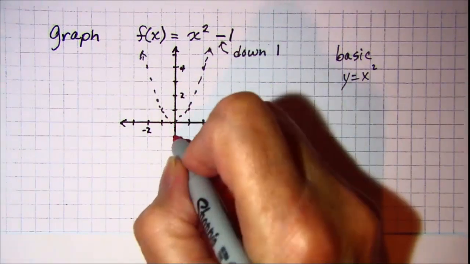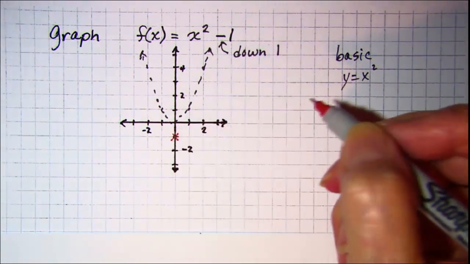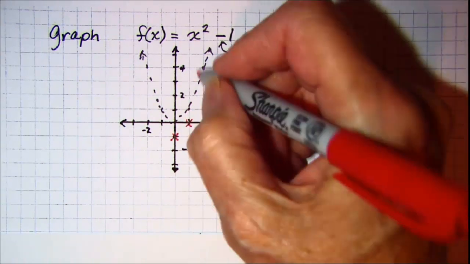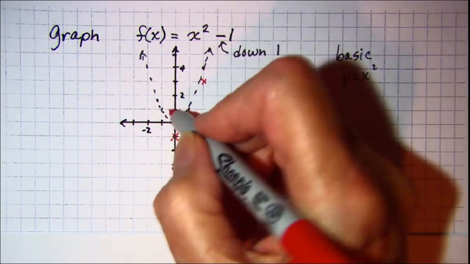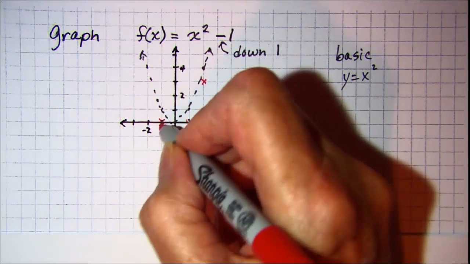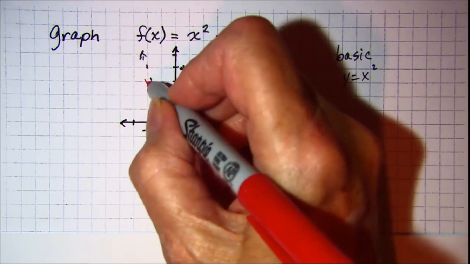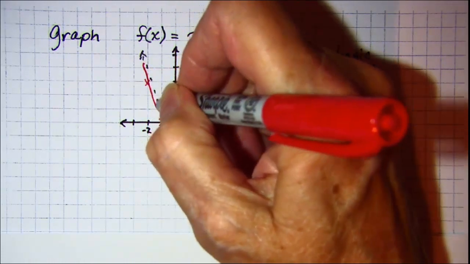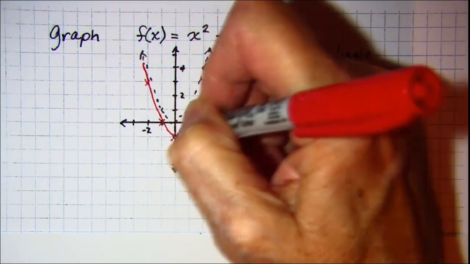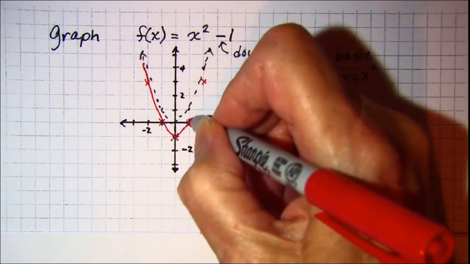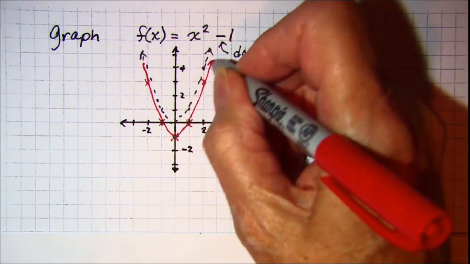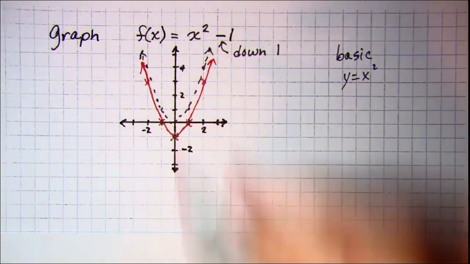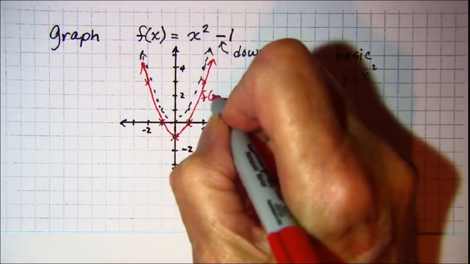So our vertex goes here. This point is here, here, here, and here. This is my f of x.